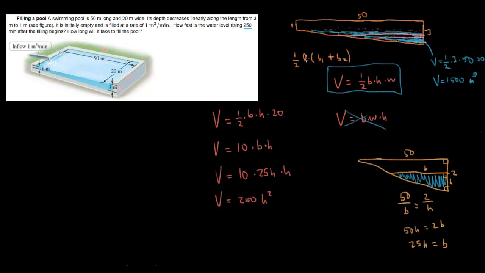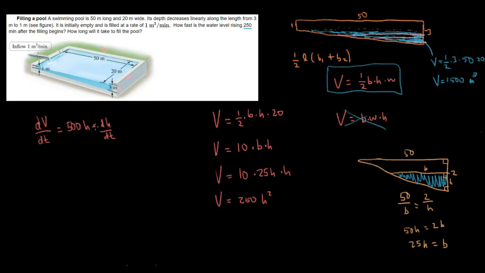But now we're into one variable. Let's take the derivative with respect to t of both sides. We get dV/dt equals 2 times 250, so that's 500H times dH/dt.